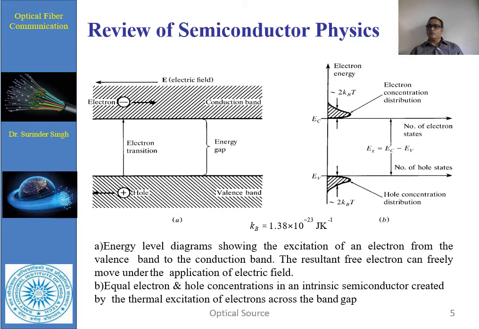This energy diagram shows the excitation of an electron from the valence band, and the resultant free electron and free hole under the movement of the external field E. Another diagram represents the equal electron and hole concentration in the intrinsic semiconductor.